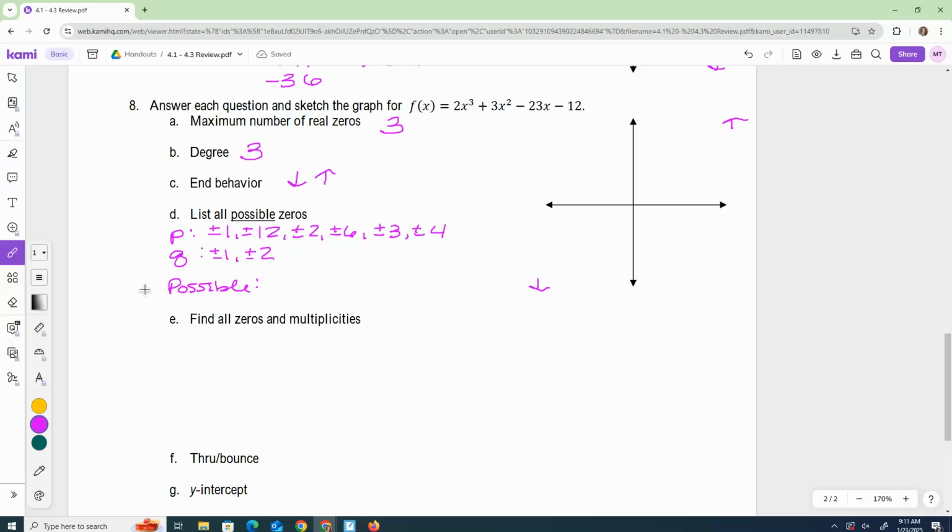So remember, possible zeros, that's P divided by Q. So 1 over 1, 1 over 2, 12 over 1, 12 over 2, 2 over 1, 2 over 2 is 2, we already have that. 6 over 1, 6 over 2 is 3. 3 over 1, I have 3 halves. 4 over 1 is 4, and 4 over 2 is 2.